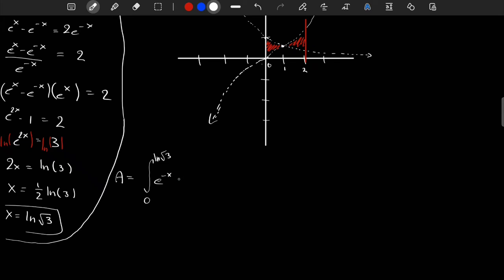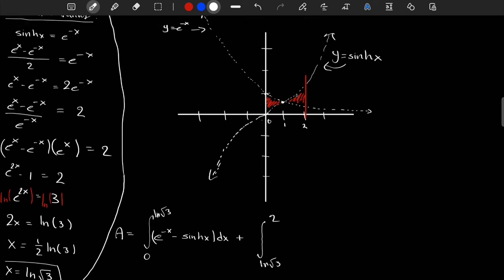So we're going to do e to the negative x minus dx, differentiate with respect to x. I'm sorry, anti-differentiate, plus the integral from ln square root of 3 to 2.